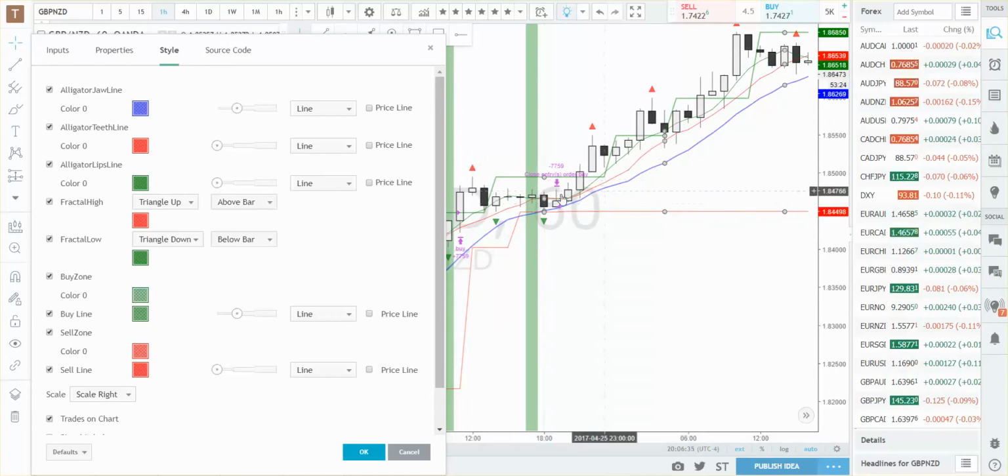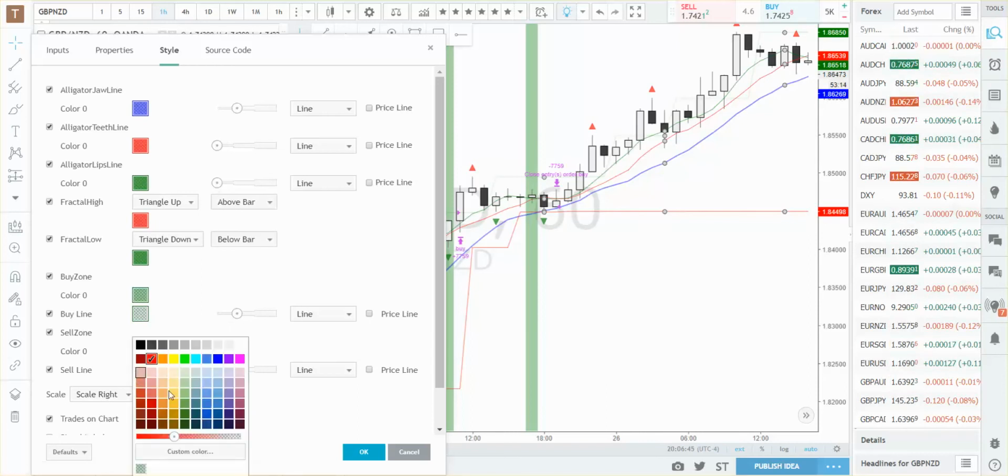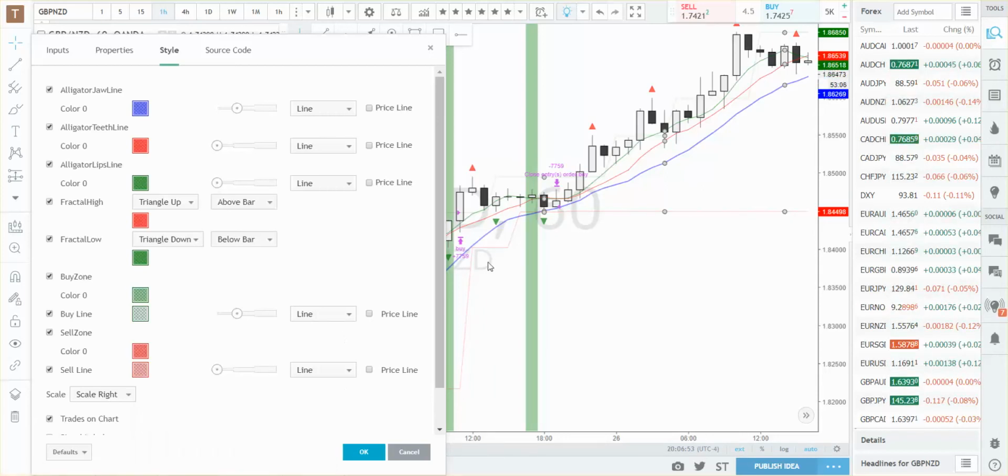Some people may find this a little too busy, so they may want to reduce the transparency on the buy line and on the sell line. That could be a way to declutter the chart a little bit, but still see the lines, and they're just a little more faded.